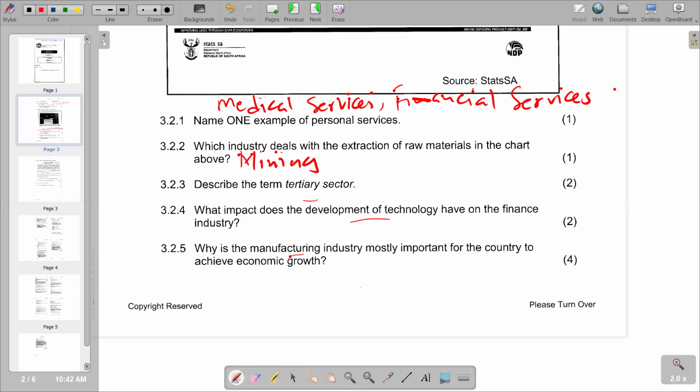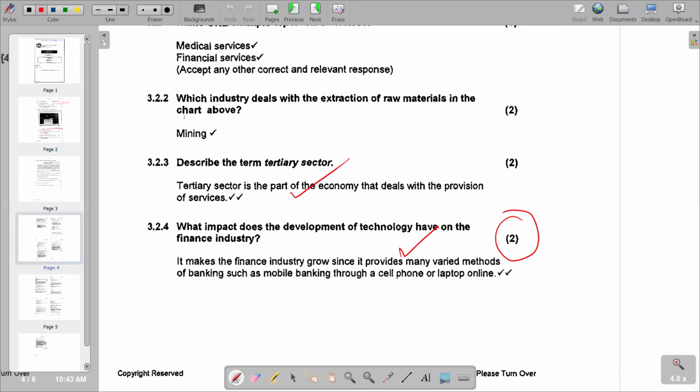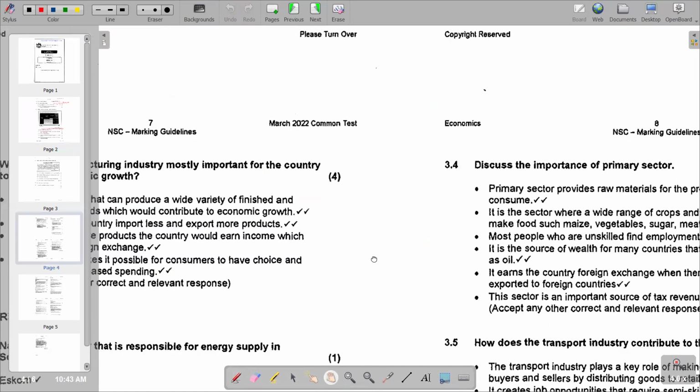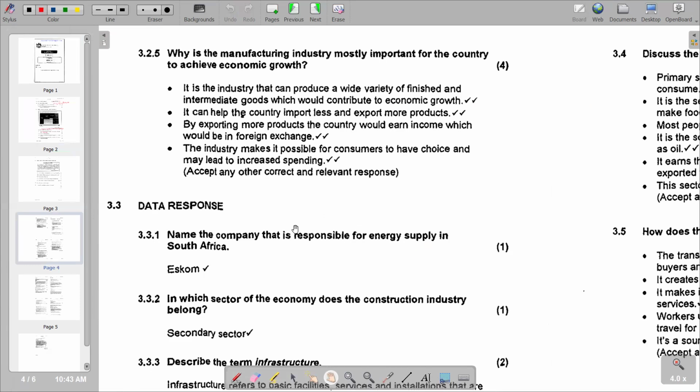So we go to the other section to see what explanation we have within that context. I will go to our 3.2.5 and see what we have. The reasons are here. The first one says it is the industry that can produce a wide variety of finished and intermediate goods, which contributes to economic growth. Obviously, that's why it is very pivotal in the determination of economic growth.